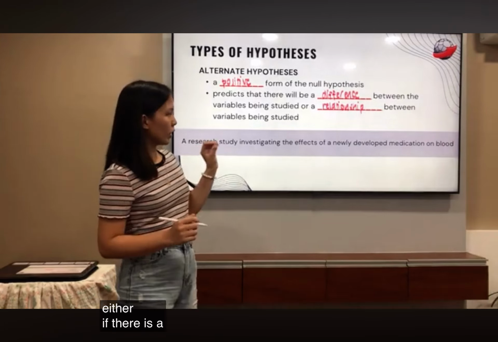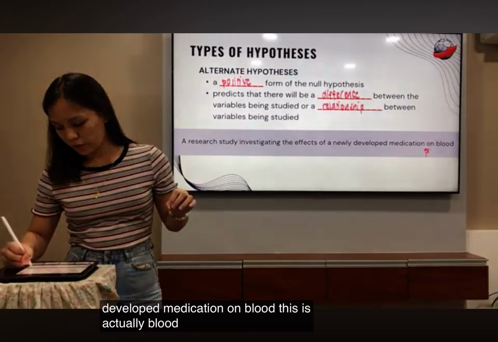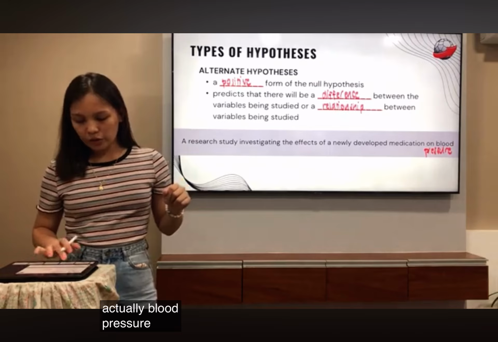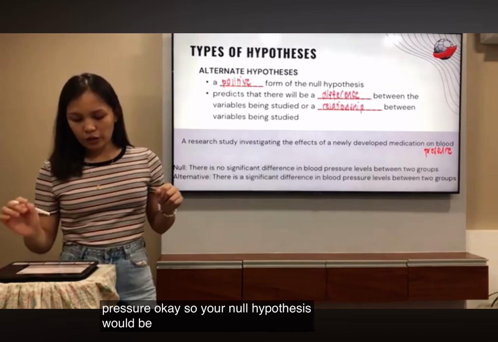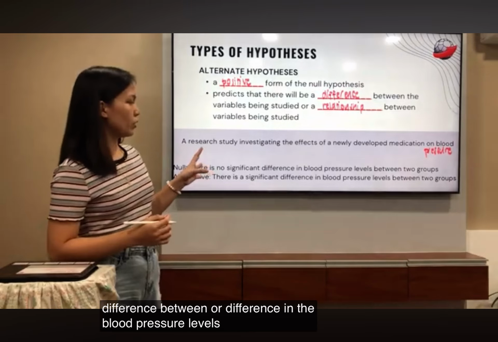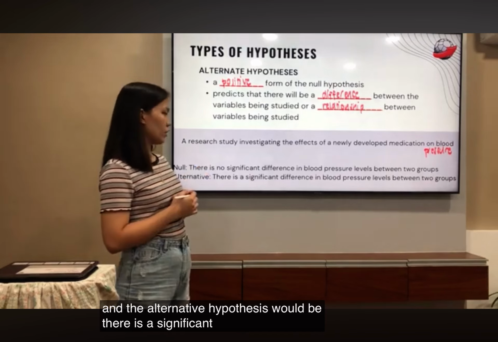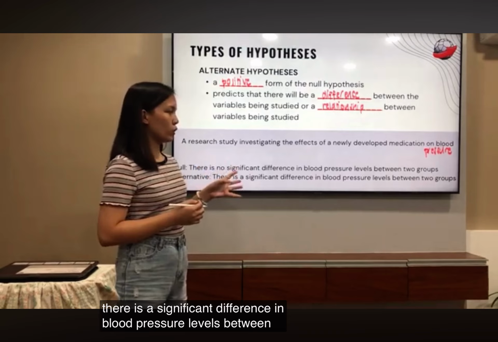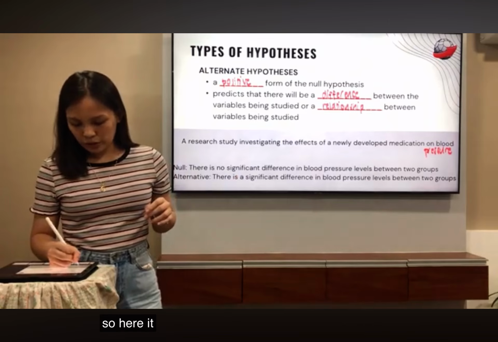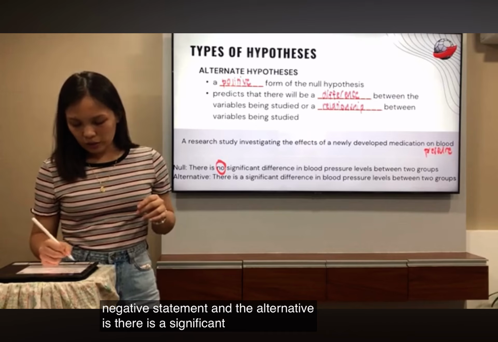Your null hypothesis would be there is no significant difference in the blood pressure levels between two groups, and the alternative hypothesis would be there is a significant difference in blood pressure levels between two groups. Here, the null hypothesis says there is no difference, which is a negative statement, and the alternative says there is a significant difference.